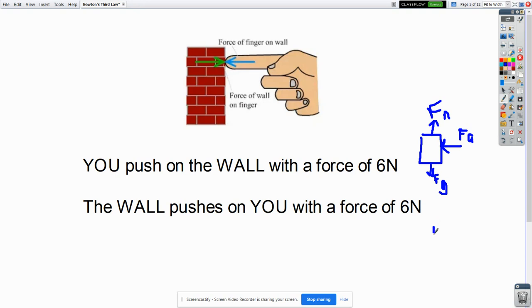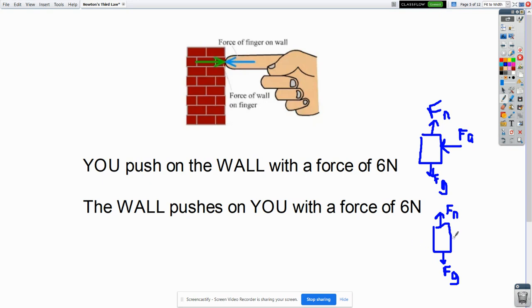So we draw your free body diagram. There you are. Gravity's going to pull down on you. You're on Earth. It affects everything on Earth. There's going to be a normal force because you're standing on the ground, counteracting gravity.